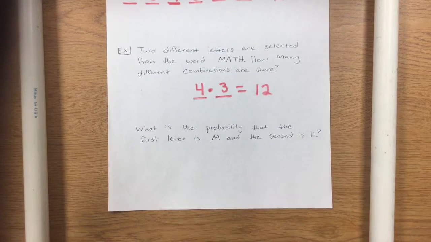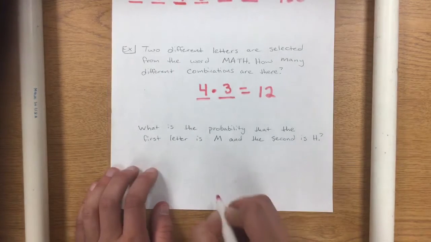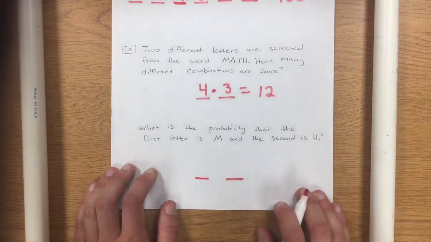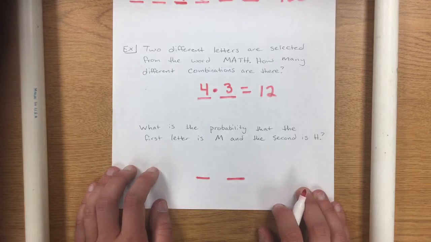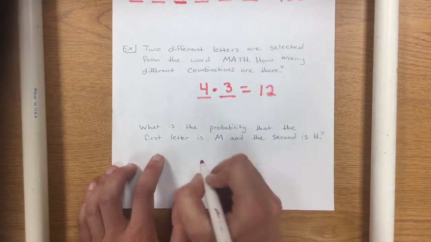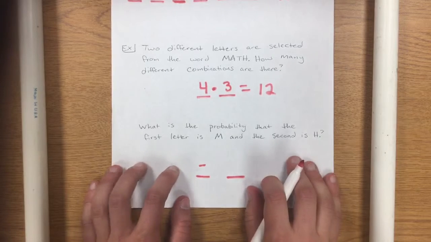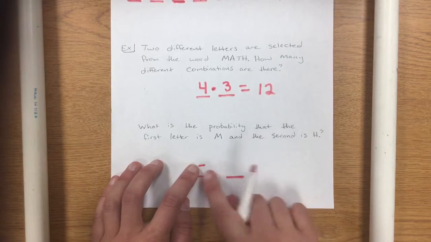All right, our last example. What is the probability that the first letter is M and the second letter is H? So we still have our first letter and our second letter. But now we need to think about the probability of getting an M first. So we're going to have a fraction. So what goes on bottom when we're finding probability?